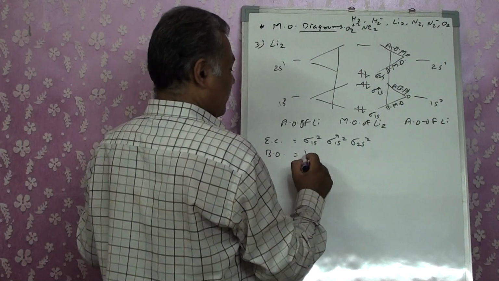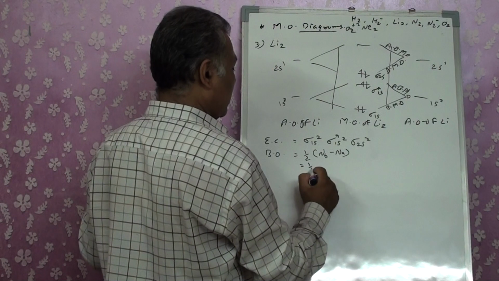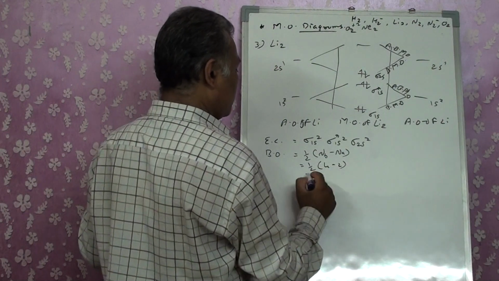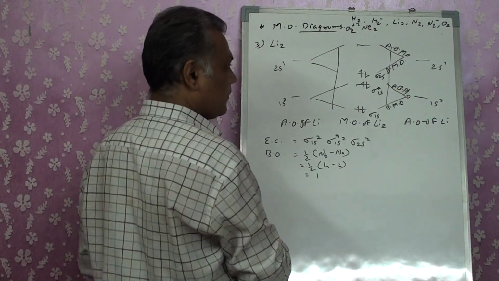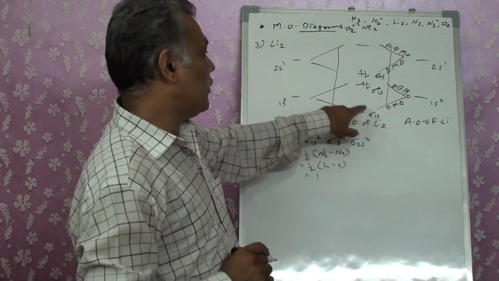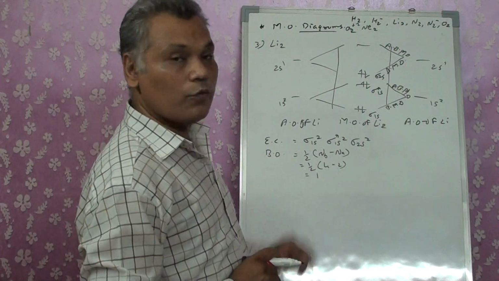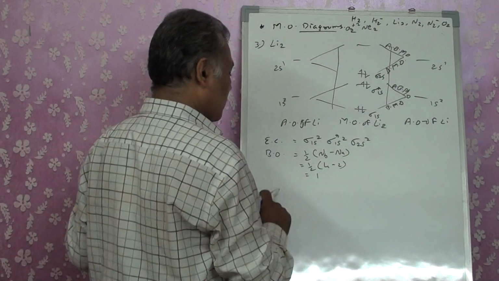Bond order is 1 by 2 (Nb minus Na), that means 4 minus 2, that is 1. 1, 2, 3, 4 bonding molecular orbitals, 2 anti-bonding molecular orbitals. So 1 by 2 times 4 minus 2, we get 1.